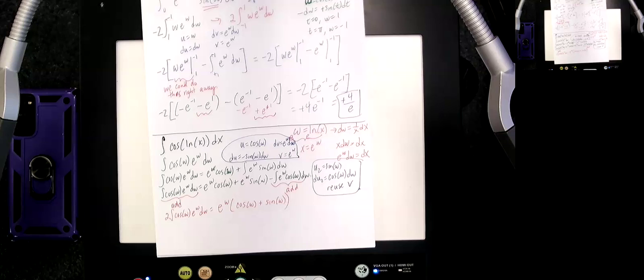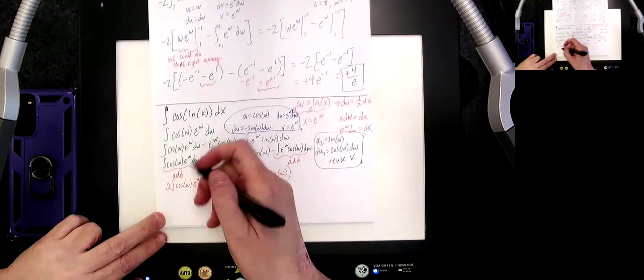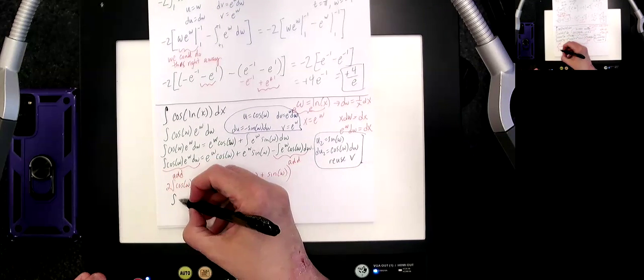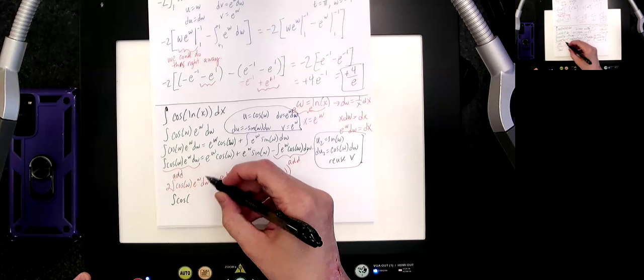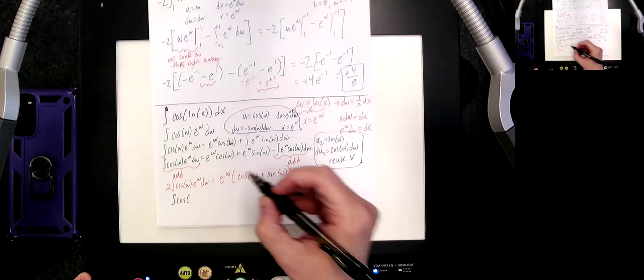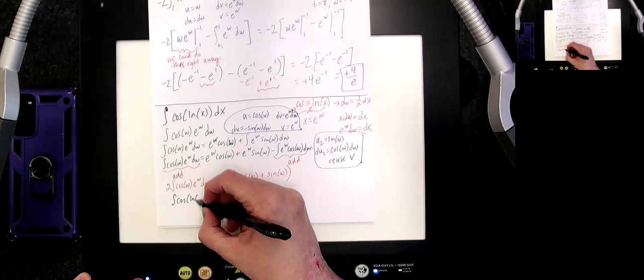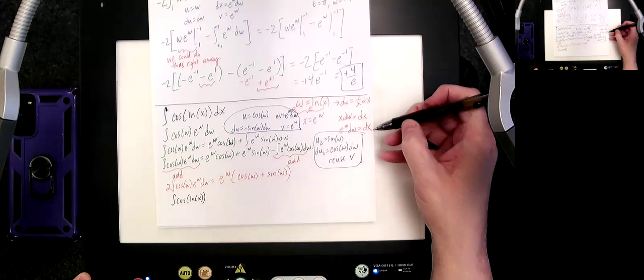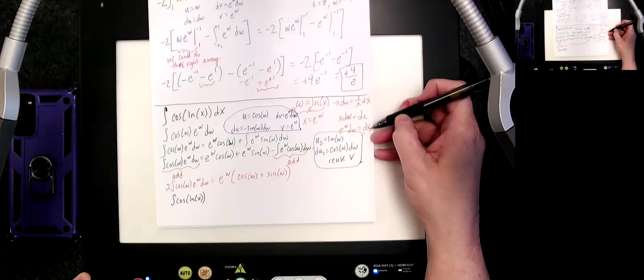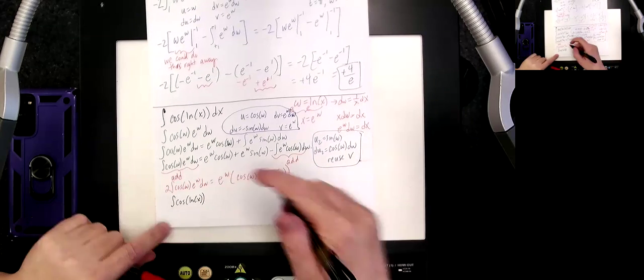So we have our integral. Cosine of w was cosine ln of x, and the e to the w dw was dx. So that's the integral we started with.